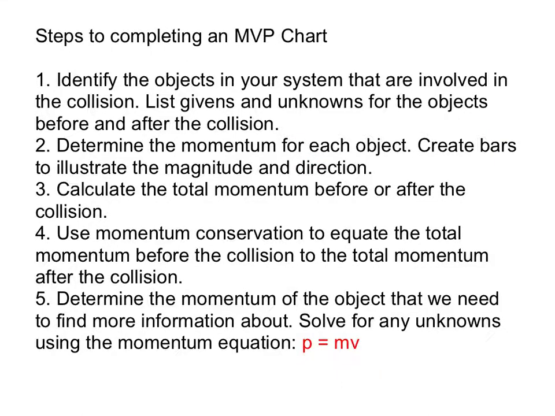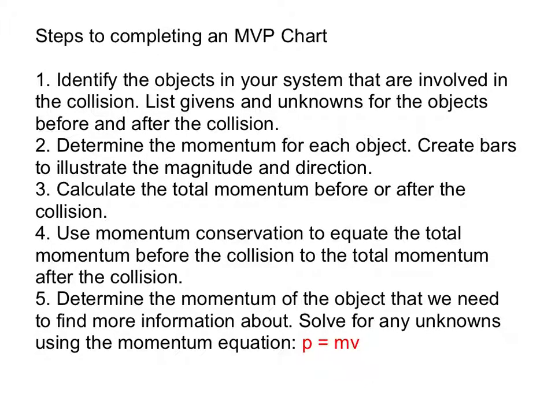Third, we're going to calculate the total momentum before and or after the collision if we can. Fourth, we're going to use momentum conservation in order to equate the total momentum before and after the collision. Fifth, we're going to determine the momentum of the object that we want to know more about.